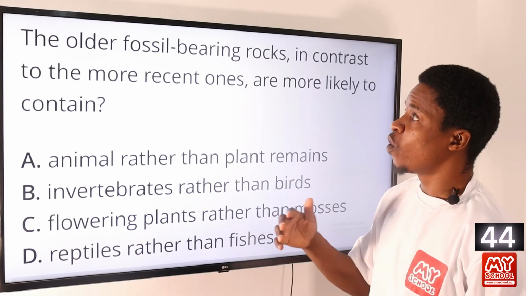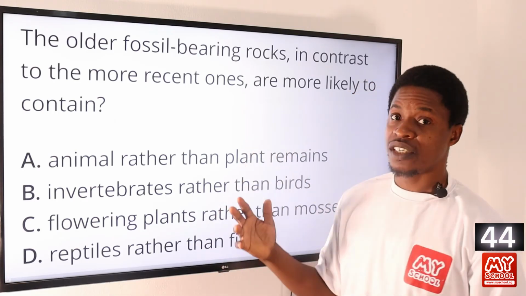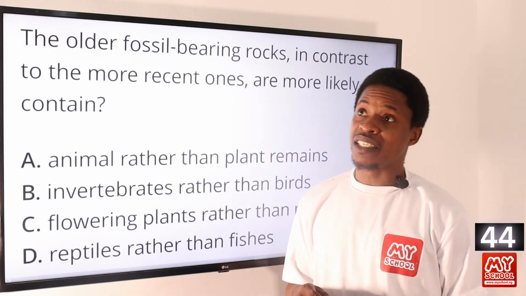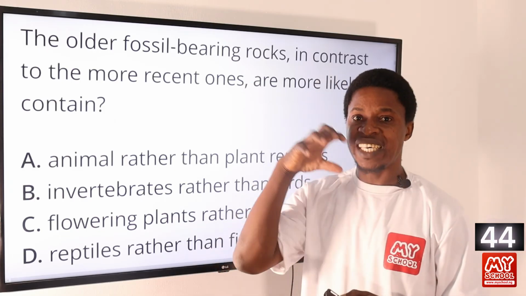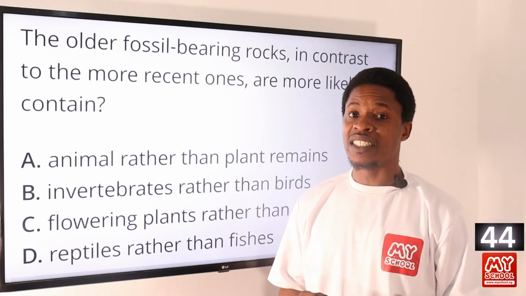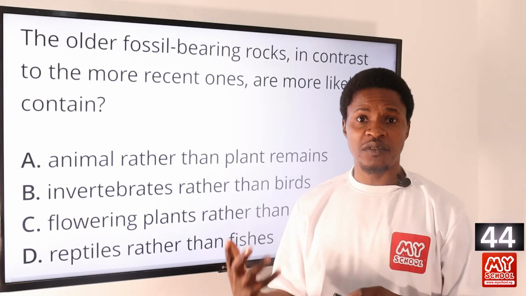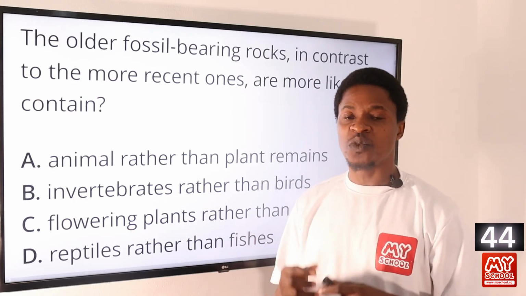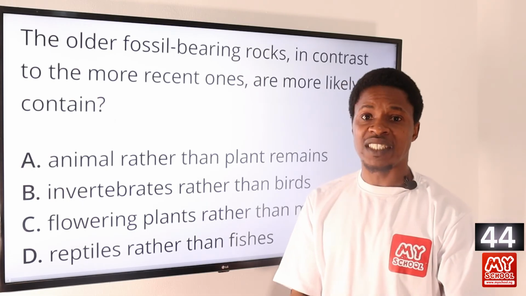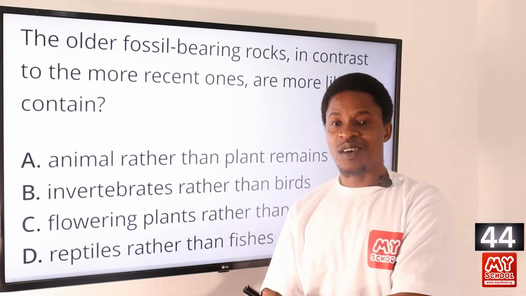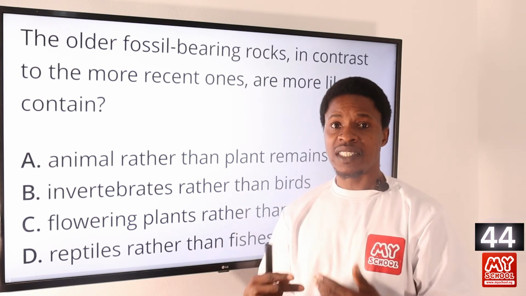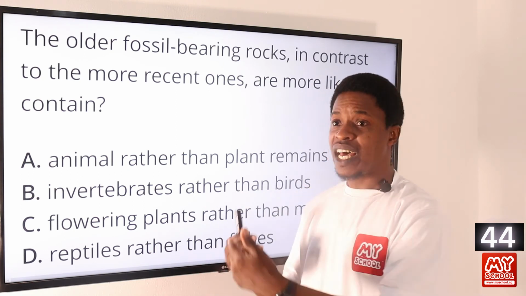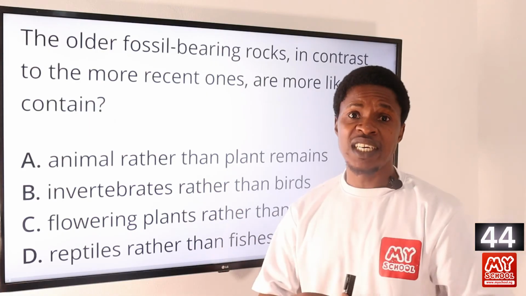When we talk about the older fossil-bearing rocks, we can talk about sedimentary rocks. Fossils are found commonly in sedimentary rocks. Over 500 million years ago, it was the vertebrates that first appeared, by analysis that was carried out, and then gradually the birds, and then gradually the invertebrates began to take over.